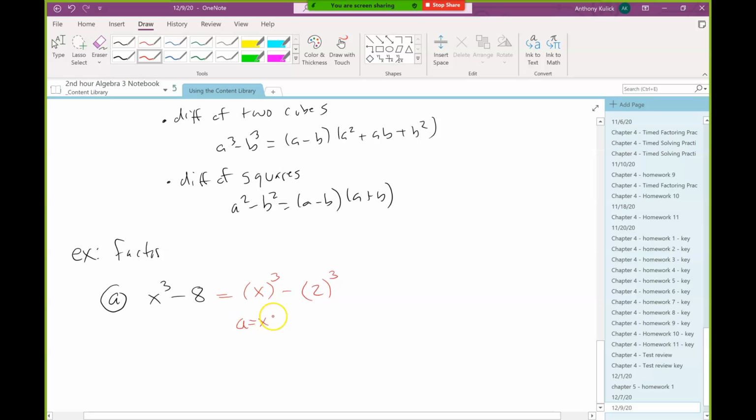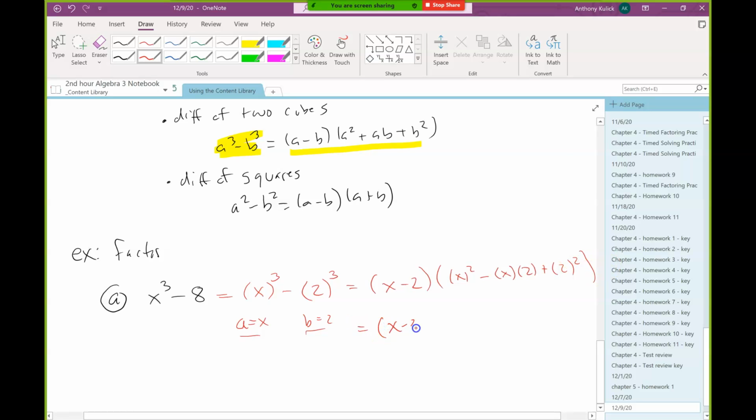So that tells me my a is x, and my b is 2, but I realize it's a difference of 2 cubes. So if I look at the right-hand side of my factoring pattern, I can fill in now my values for a and b. So I'll have x minus 2 times x squared plus x times 2 plus 2 squared.